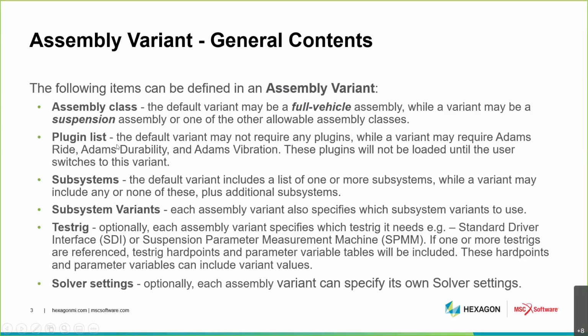If you have plugins that are used in a particular simulation, the plugins that are associated with a particular assembly can also be saved. Obviously, an assembly is made up of a collection of subsystems. So all the subsystems that are associated with both the default and any variant assemblies would be defined in that assembly variant.